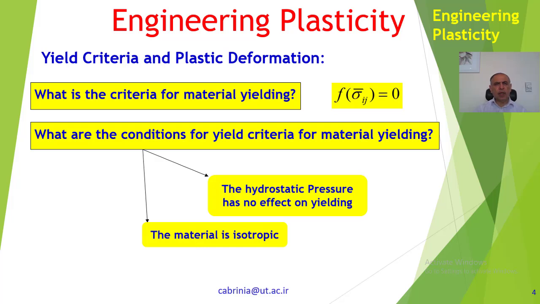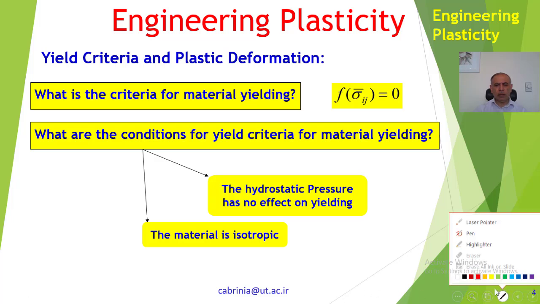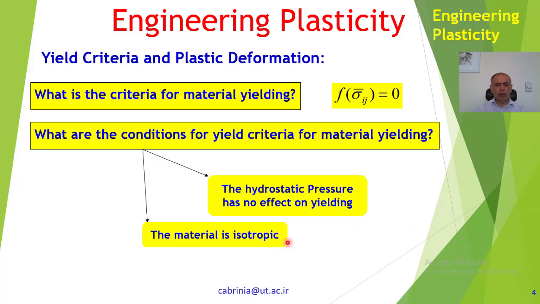After we derive the formulation and prove that it is correct and verify it by experimental data, then we will add something to that formula that we have obtained, so that it will include or consider the effects that originally we have omitted, like the isotropy.